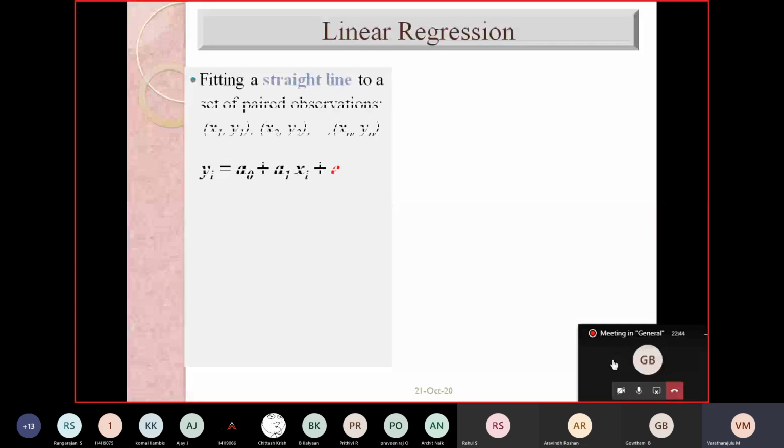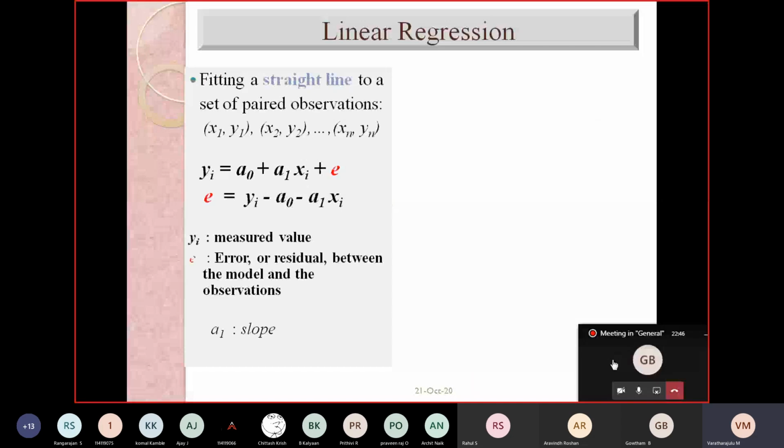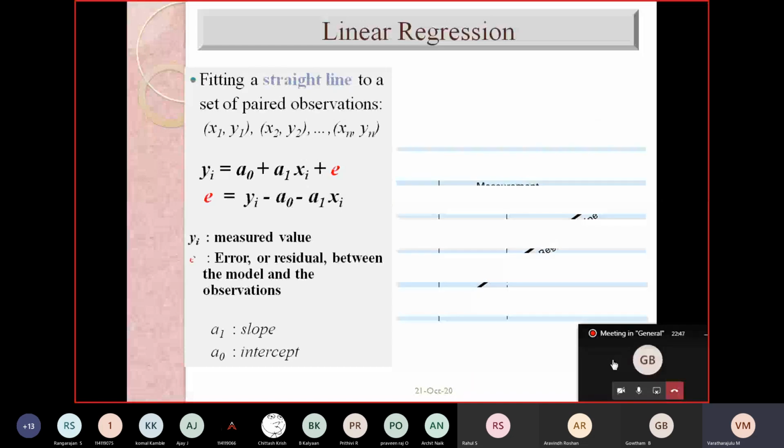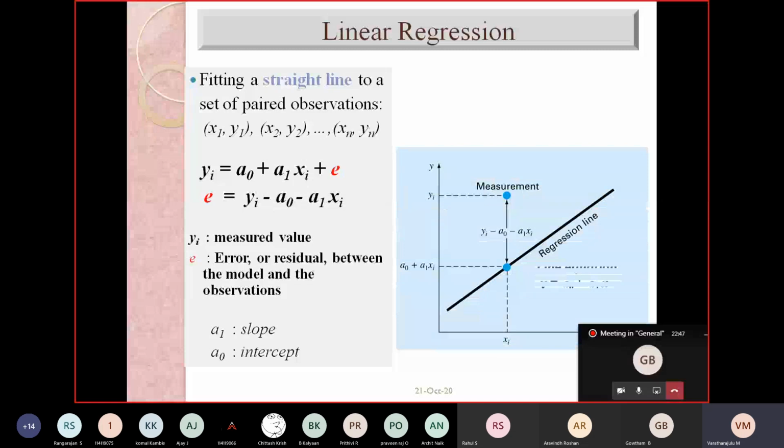And for linear regression, this is the basic mathematical model. During your school days, you have studied the basic straight line equation, that is y is equal to mx plus c.